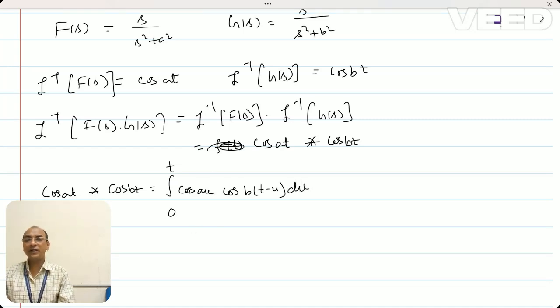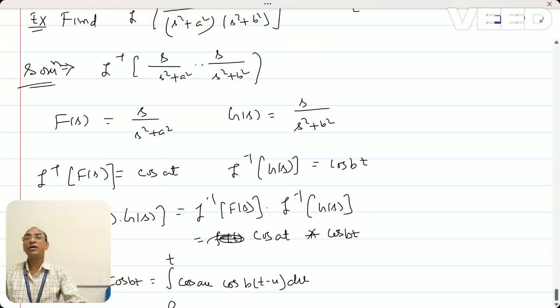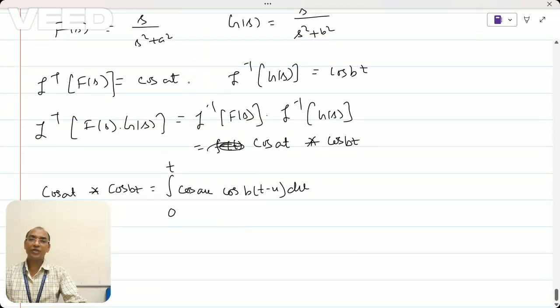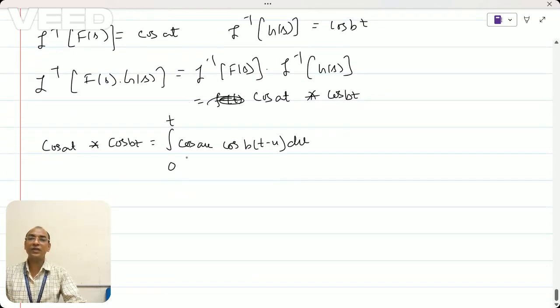If I can integrate this, then my job is over. That will be the inverse of the function s square by s square plus a square into s square plus b square. So my job is now to integrate it.